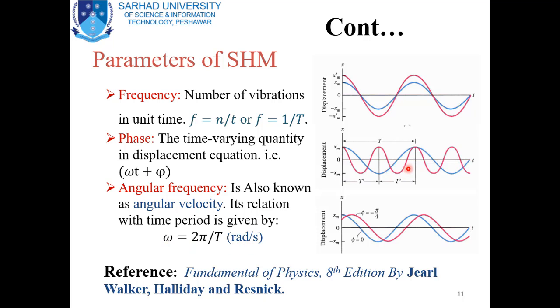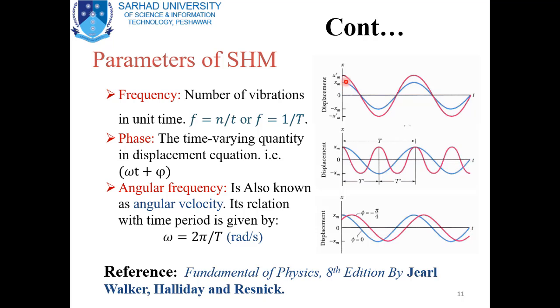At the right hand side of this slide, 3 figures are given in which displacement is plotted with respect to time, and here 2 waves of the same frequency but different amplitude are plotted in this first part.